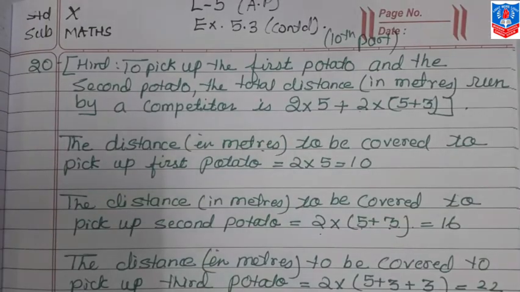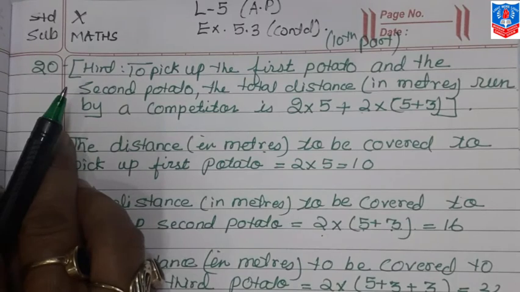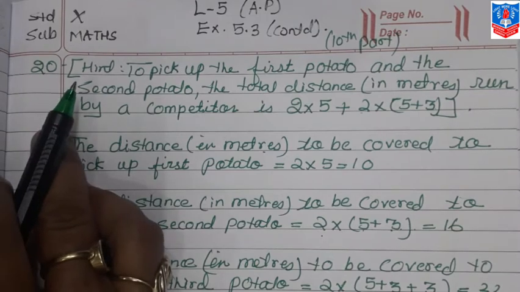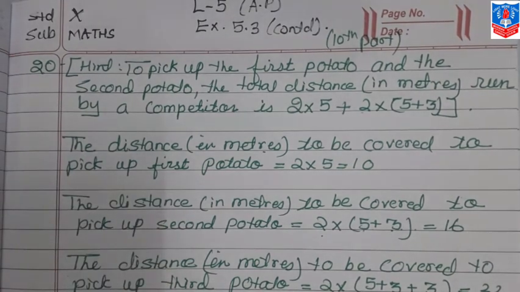Now children, we will start the 20th sum. Now in a potato race, a bucket is placed at the starting point, which is 5 meter from the first potato, and the other potatoes are placed 3 meter apart in a straight line. There are 10 potatoes in the line.